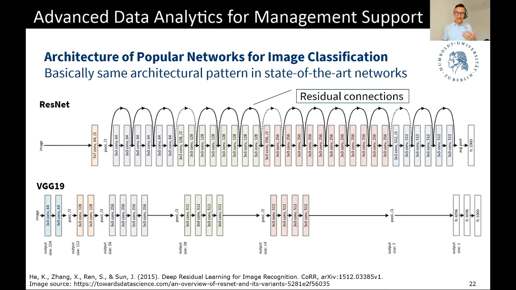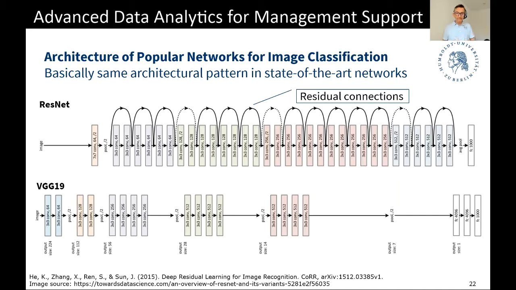You see basically the same pattern, that there are computational blocks exhibiting a similar type of structure and then repeating each other to give in the end a deep neural network with multiple layers.